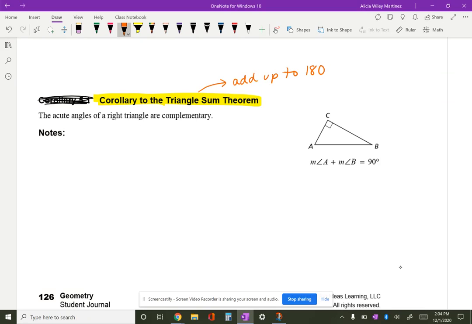We can then state that if we have a right triangle, meaning that one of the angles is 90 degrees, that means that the other two angles have to add to 90. So if I know angle C is 90 degrees, then I know that the other two angles, A and B, would have to add to 90 degrees. Okay, we didn't use that in any of the examples today, but that's definitely something that is nice to know.